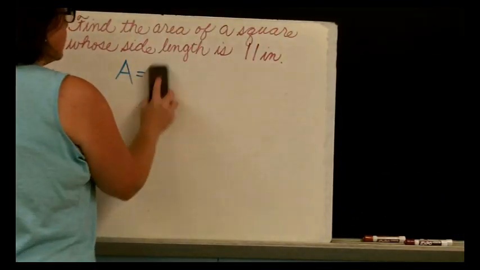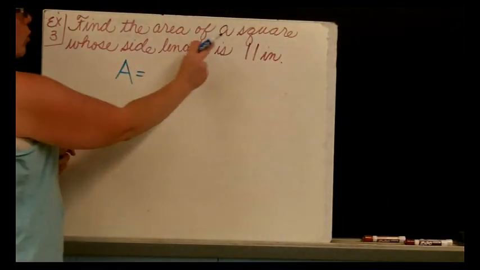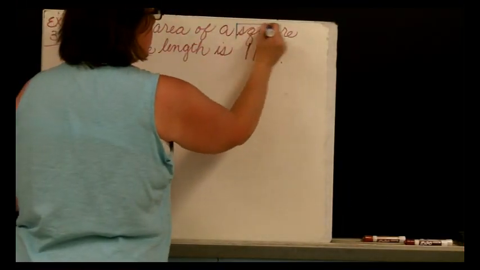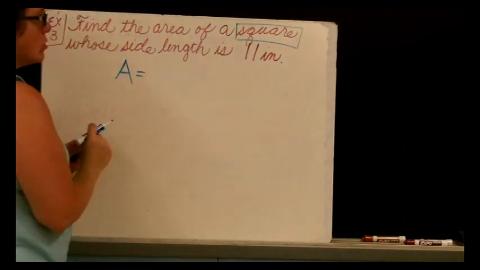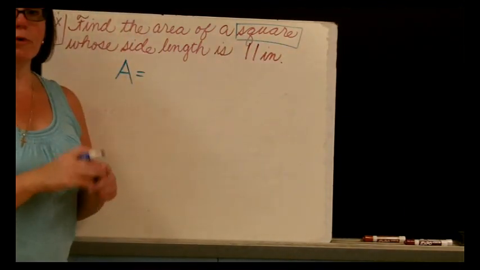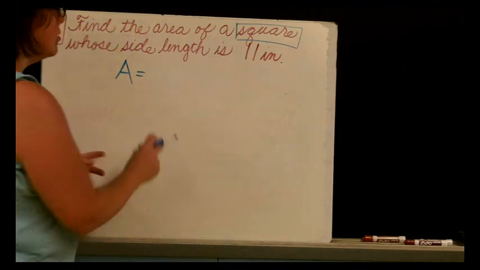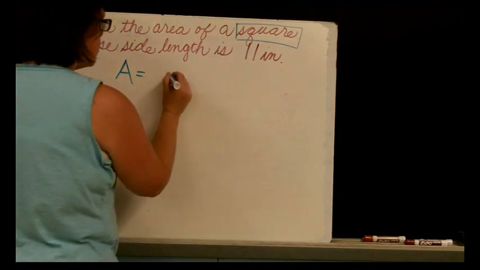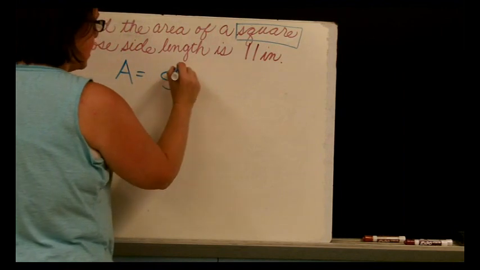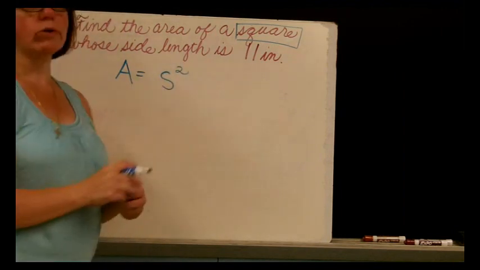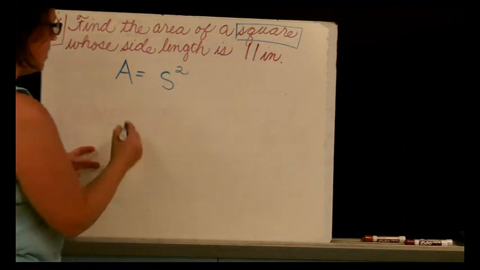But for this lesson, I'm going to change it because we're working with a square. And what do we know about squares? Squares have 4 sides, and each of the sides is the same exact length. So our formula for area of a square is the side squared. And what does that mean?